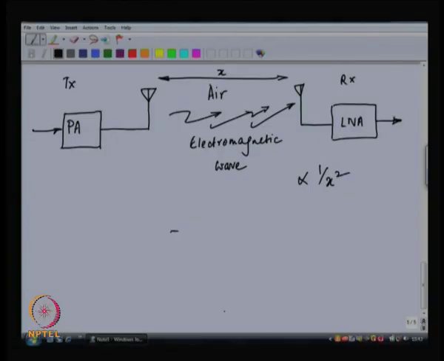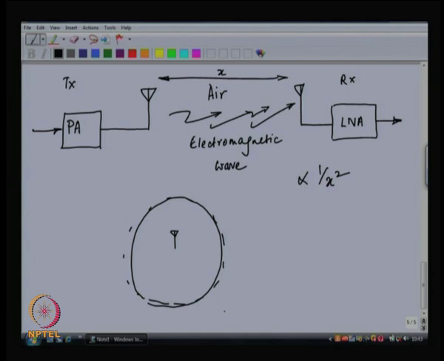You have a point transmitter; think of a sphere surrounding the transmitter. The transmitter is transmitting in all possible directions, and suppose the receive antenna is the entire surface of a sphere surrounding the transmit antenna, arbitrary radius, entire area.